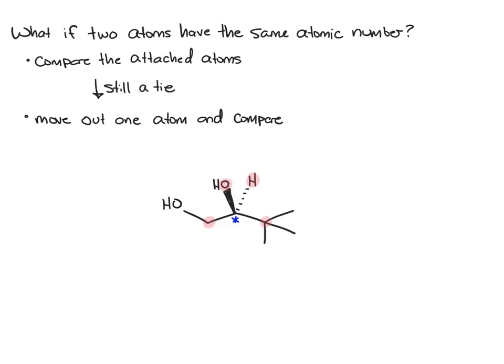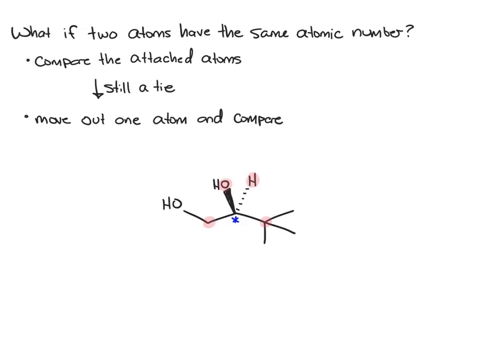Well, how are we supposed to prioritize these if the 2 carbons have the same atomic number? So what you want to do is compare the atoms attached to those carbons, or whatever atoms they might be. If they're still a tie, and we'll see an example of that in just a minute, move out 1 atom and do another comparison.